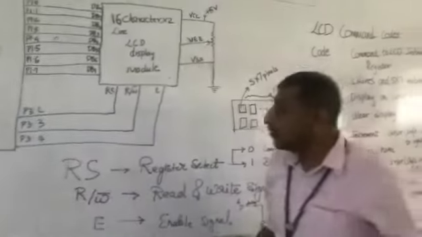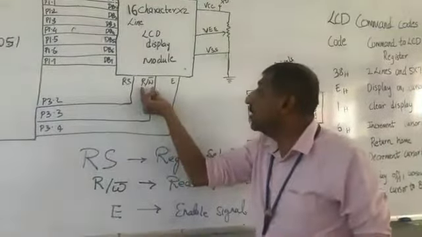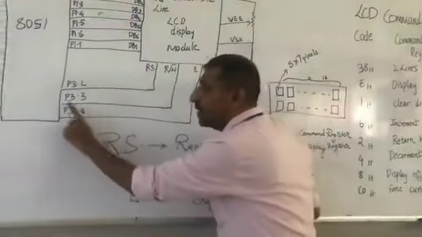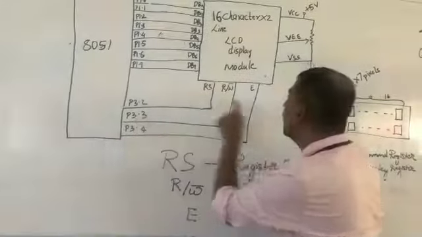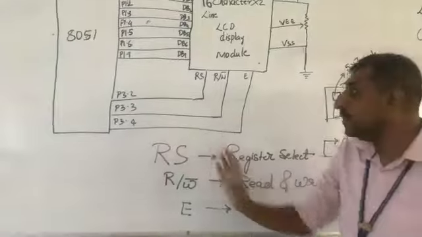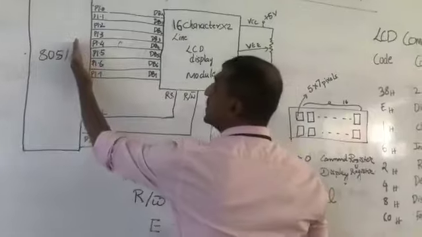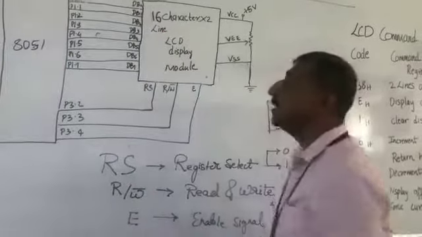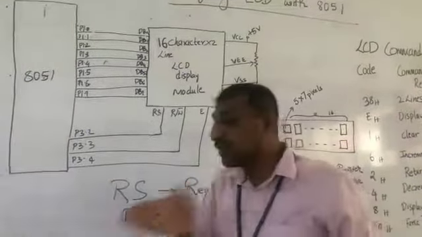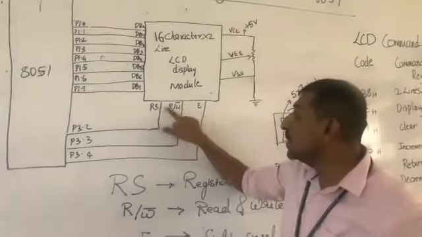Then apart from that, we see that there are another two control lines, the read/write control line and the enable control line, and those are interfaced with P3.3, and E is connected to P3.4, right? What do they mean? Whenever the data is sent to an LCD, from the perspective of the 8051, the data is written into the LCD display, in which case this should be 0.